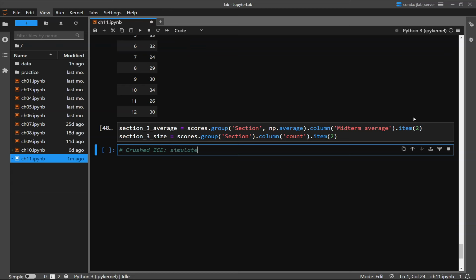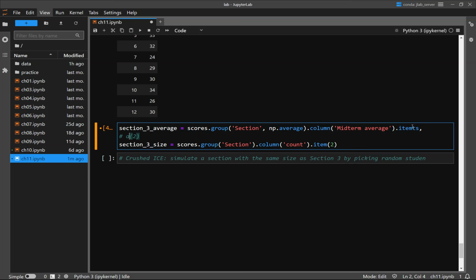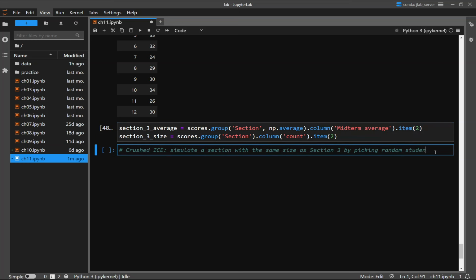Simulate a section with the same size as section 3, so 27 students, you can use this variable if you want, by picking random students and get the average score.